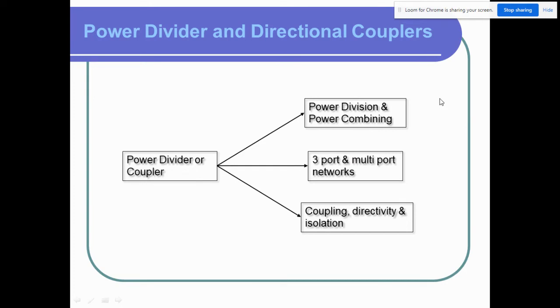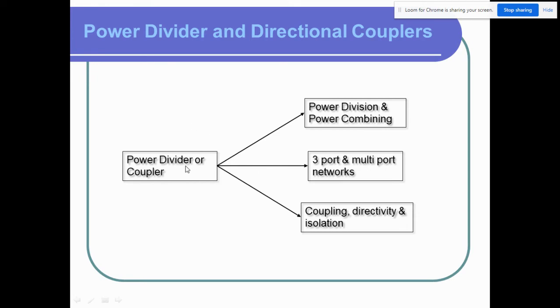There are some features of this type of devices: a power divider or coupler can both do power division and power combination. So it can combine power, and also it can divide the power. Coupler divides with the coupling port, and power divider divides with the two different output ports.